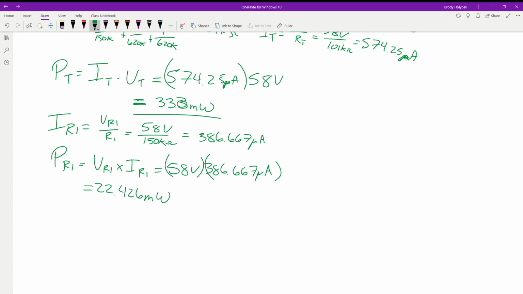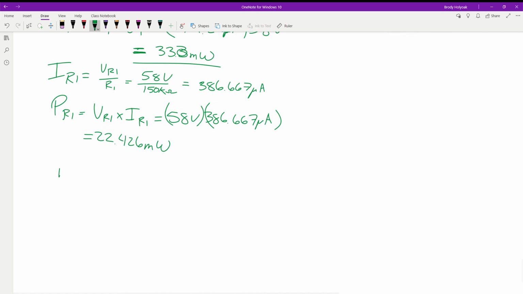Okay, again, we have the majority of the current on this resistor, so we're going to have the majority of the power on this resistor. Okay. Current through R2.